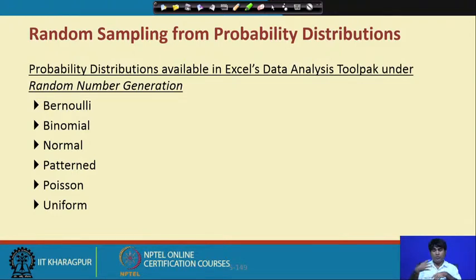There is no possibility where a problem will not connect to any distribution. Every problem will be connected to either binomial or normal or Poisson or uniform distribution. Likewise, there are a couple of other distributions, but these are all standard distributions through which you can analyze engineering problems by using some of the engineering econometrics tools.